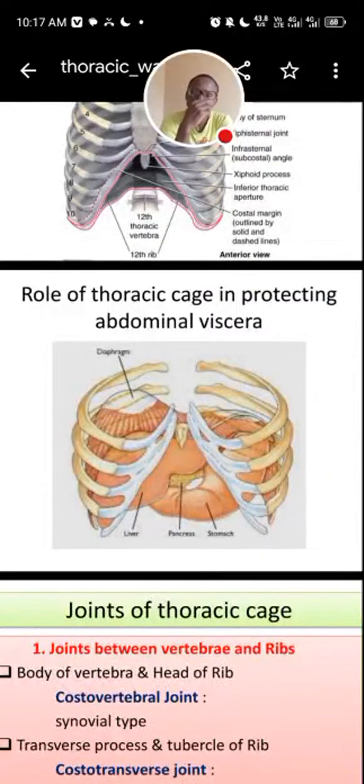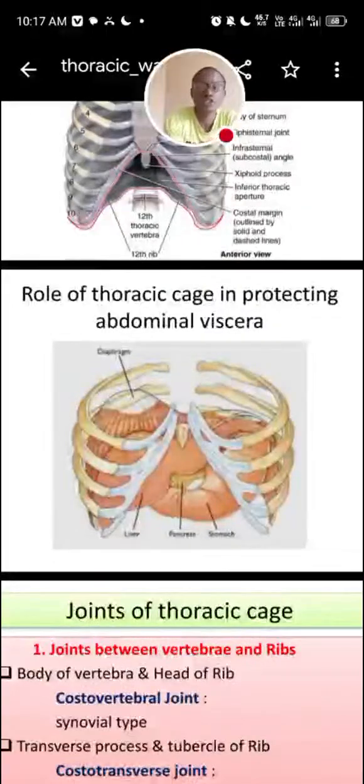Okay, so now we want to look at the anatomy of the structures in the inferior and posterior mediastinum. We have Mr. Hex. What are the structures?